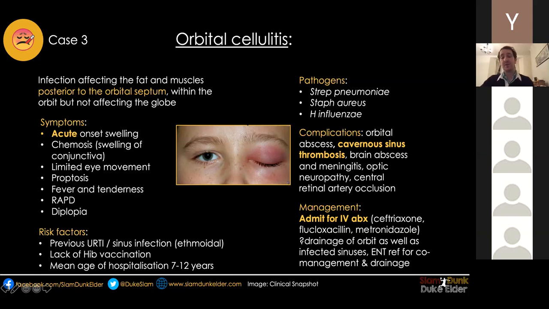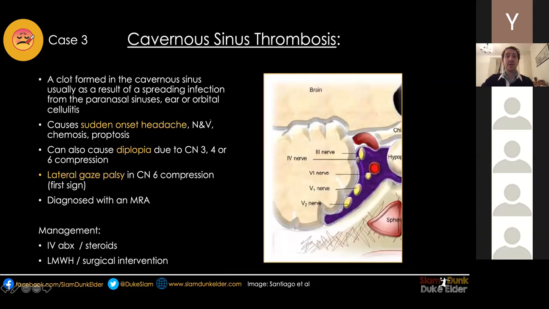One of the severe complications of this is cavernous sinus thrombosis. I mean, there's lots of complications, but this is one of the most serious ones. It presents similar to orbital cellulitis. One of the first signs is compression on the 6th cranial nerve, and because this lies by the cavernous sinus, you'll get a lateral gaze palsy.